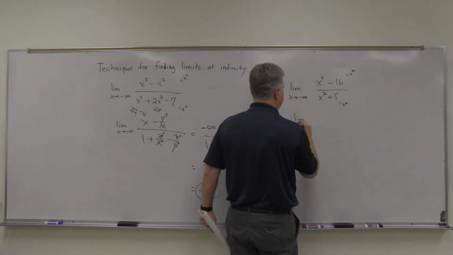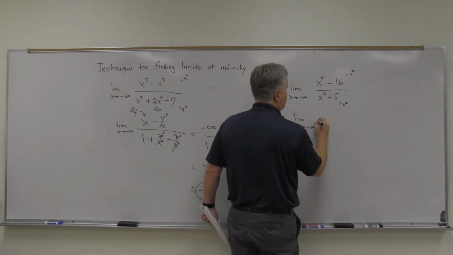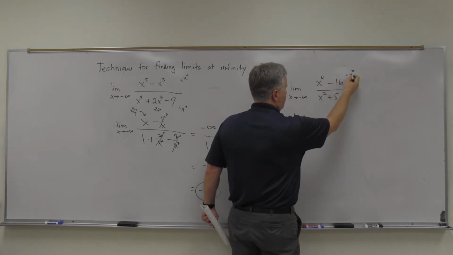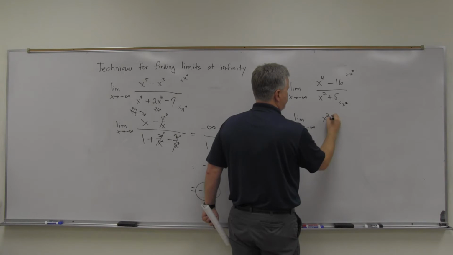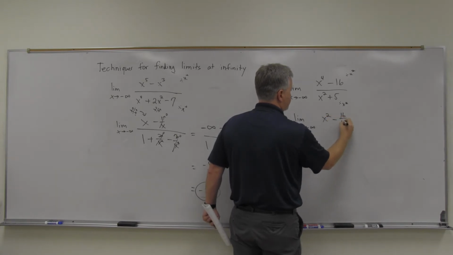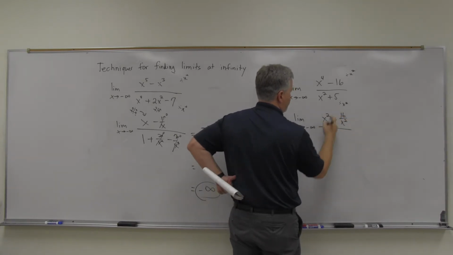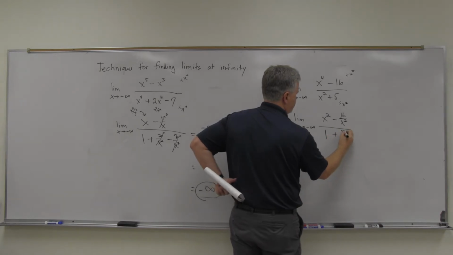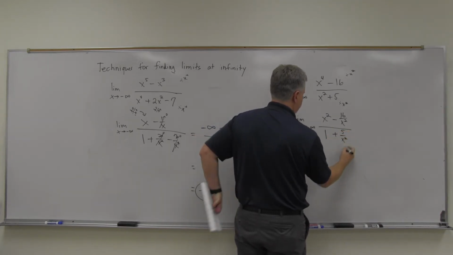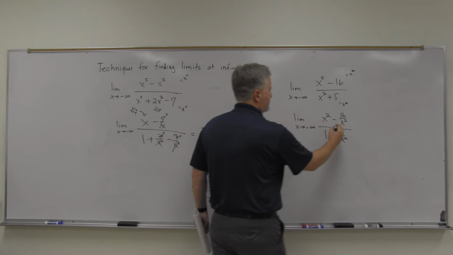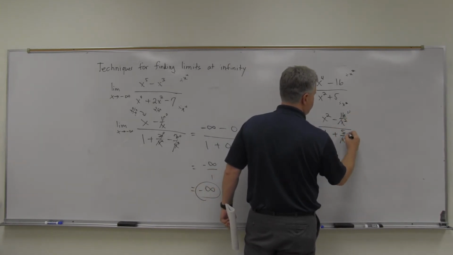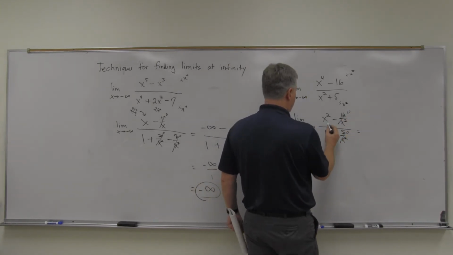So that's the limit as x goes to negative infinity. Now x to the fourth divided by x squared is x squared. And then minus 16 over x squared. X squared divided by x squared is 1, and 5 over x squared. So this is 0, this is 0, so I've got x squared.